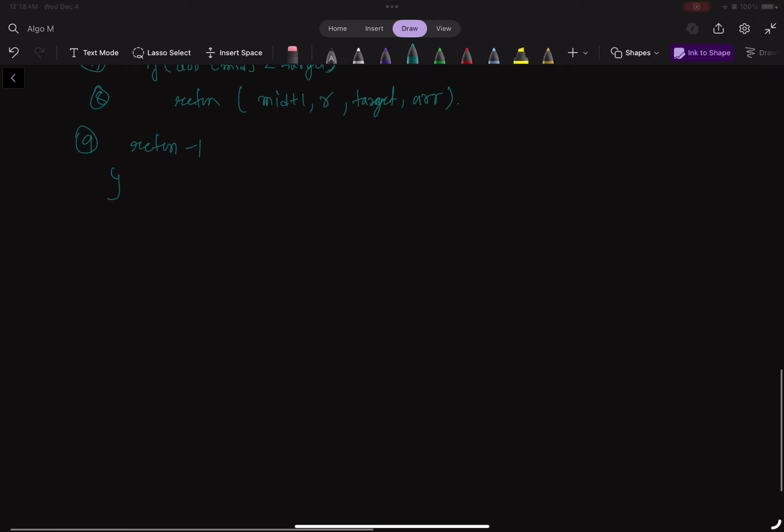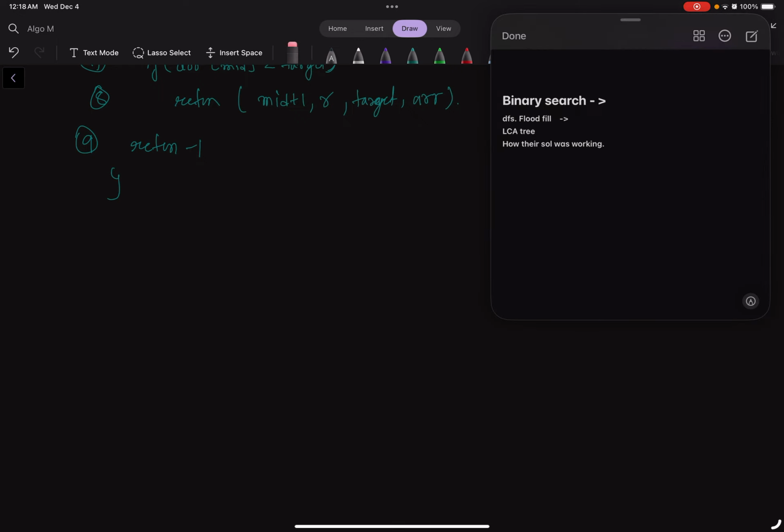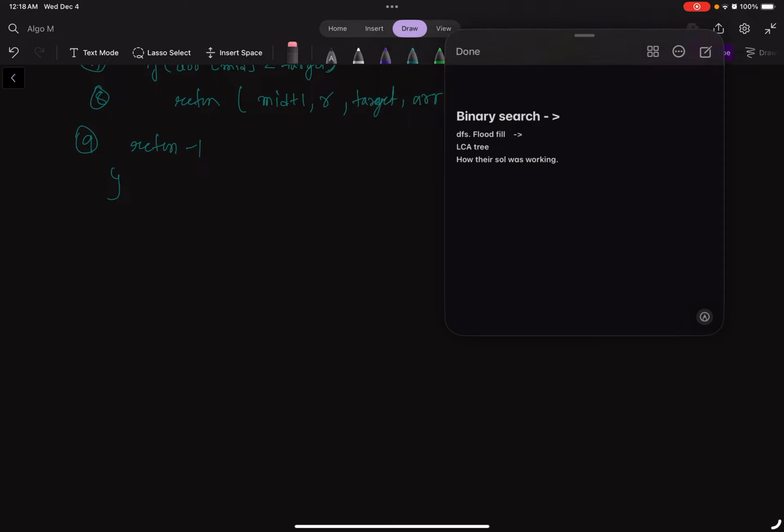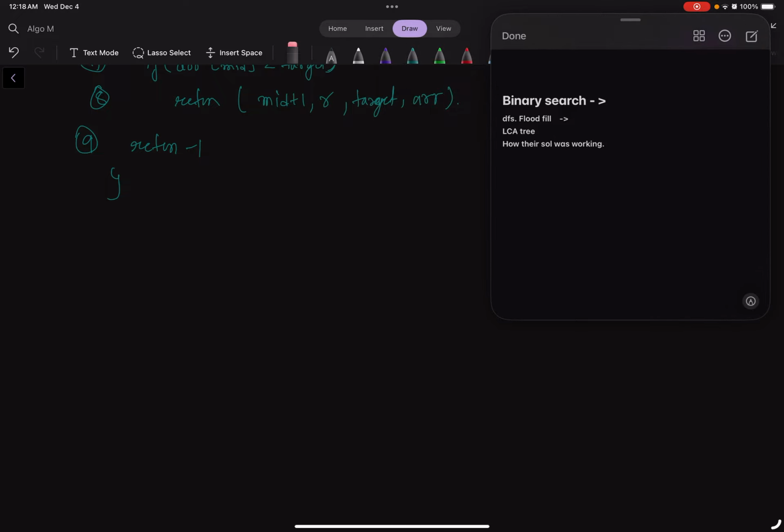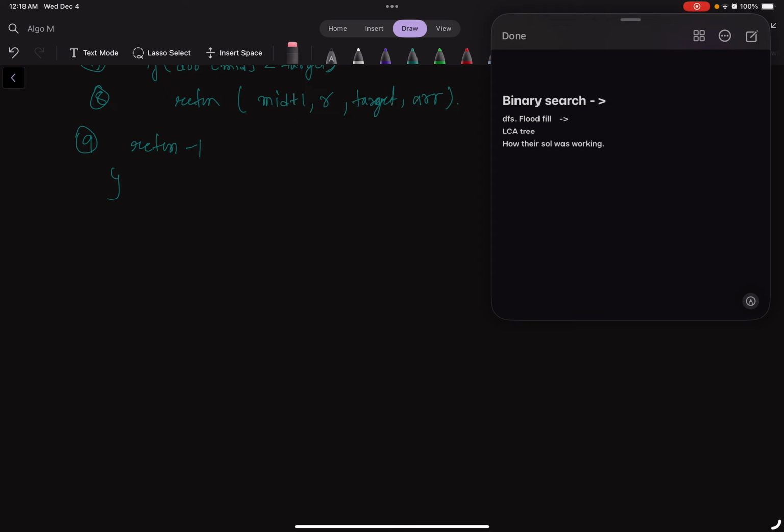Now let's see the other one, there is DFS flood fill. What was my doubt in this? Let me remember it myself.